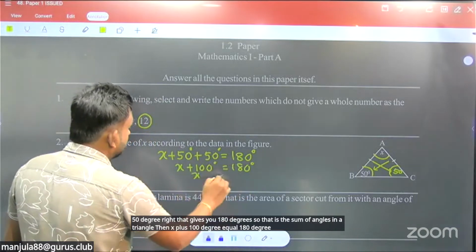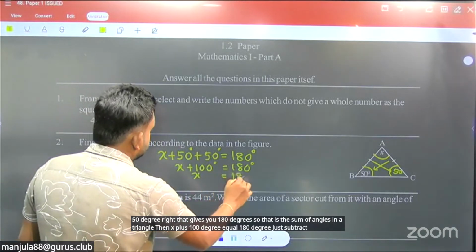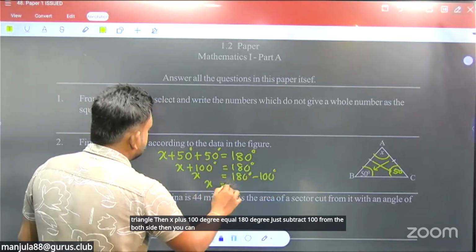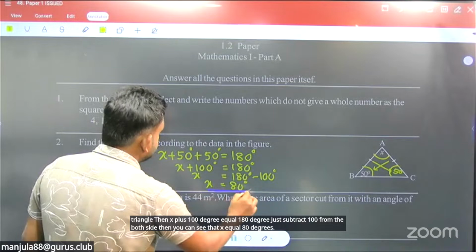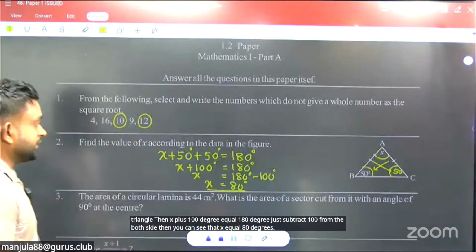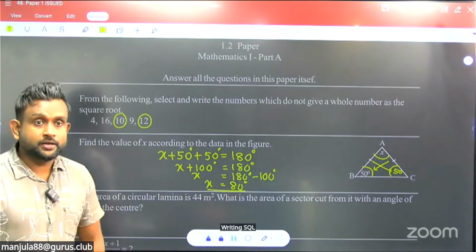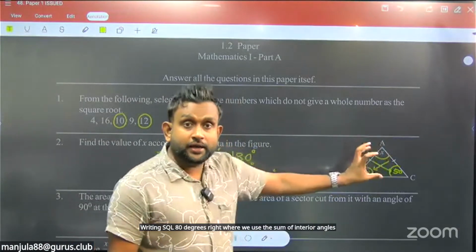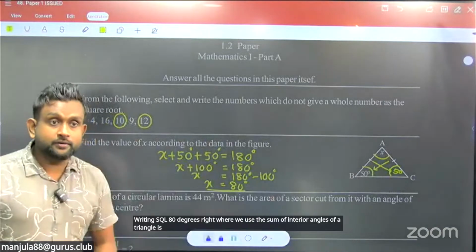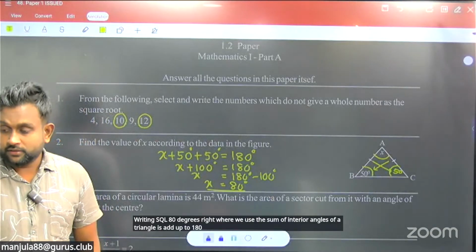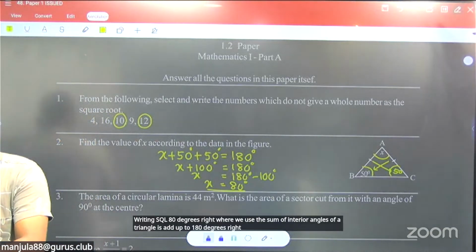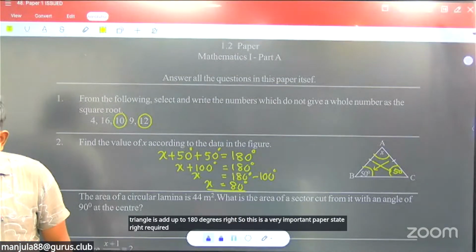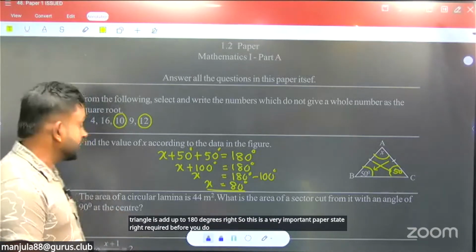Just subtract 100 from both sides. Then you can see that x equals 80 degrees, where we use the sum of interior angles of a triangle adding up to 180 degrees, right? So this is a very important paper set, required before you do the O-level exam.